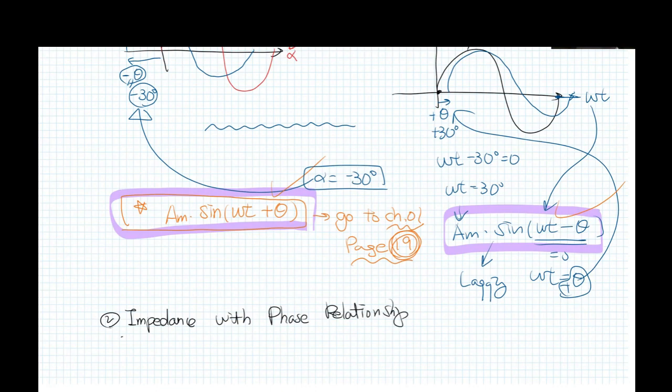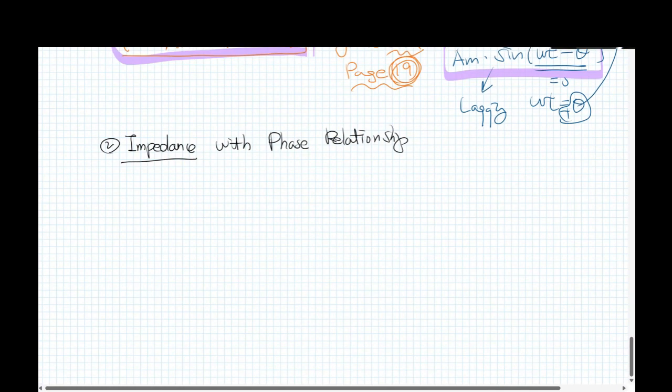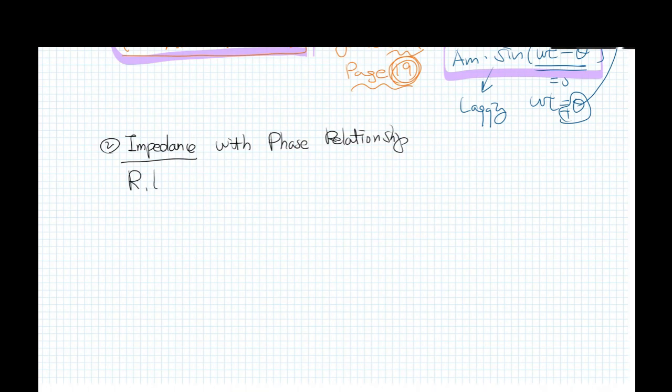The impedance means the response of the three basic elements R, L, C. Okay, R: X sub R, angle 0 degrees here.